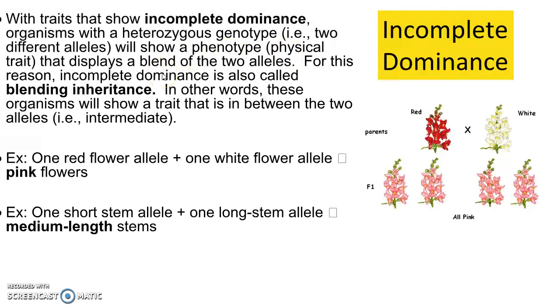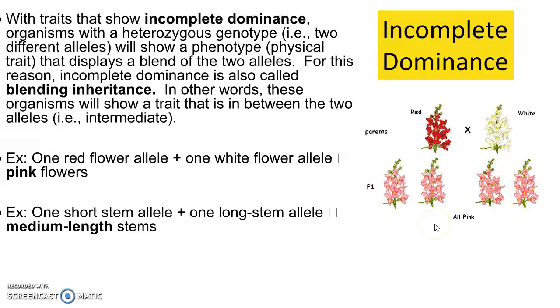So let's look at an example. Here we've got some snapdragons, and we've got two parents. One of them has red flowers, one of them has white flowers. And when you cross the two parents, all of their offspring are pink. So they have an intermediate phenotype between the two parents, red and white.